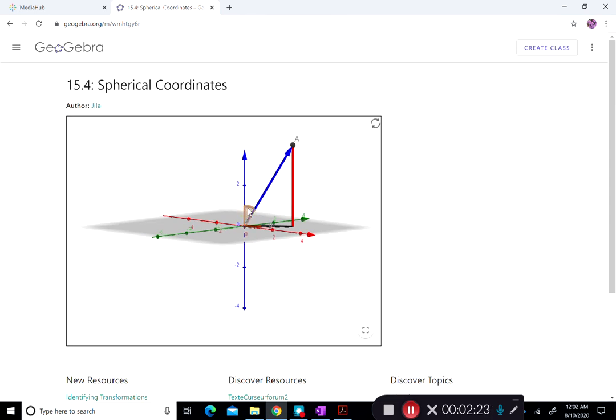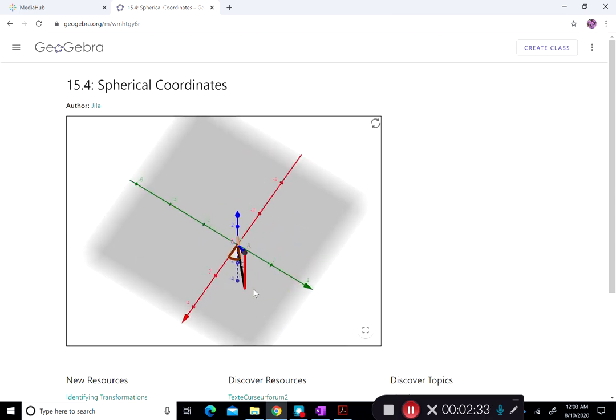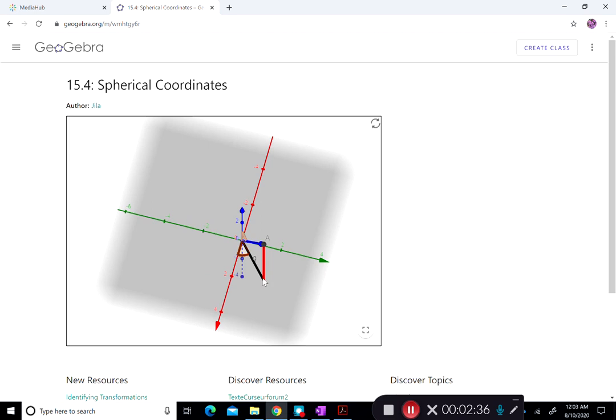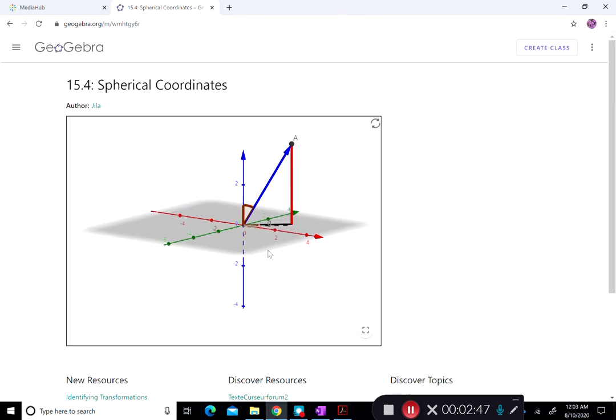This angle is the angle phi. Then you drop down a perpendicular which hits the xy plane. That point down there is the reflection of A, and then connect that point to the origin and you get angle theta. The distance between A and O is rho.